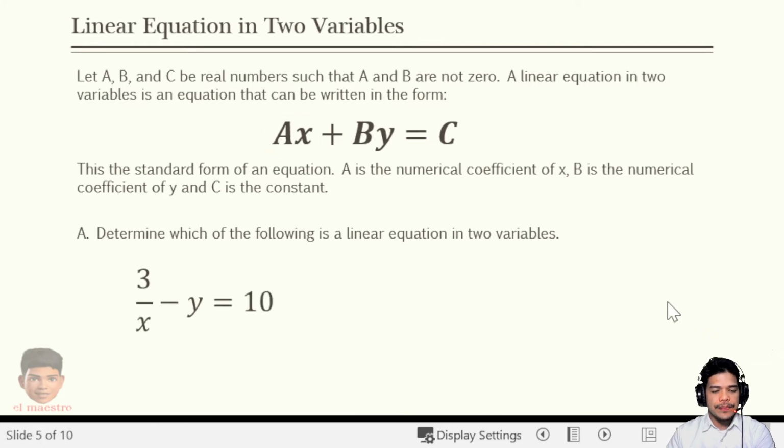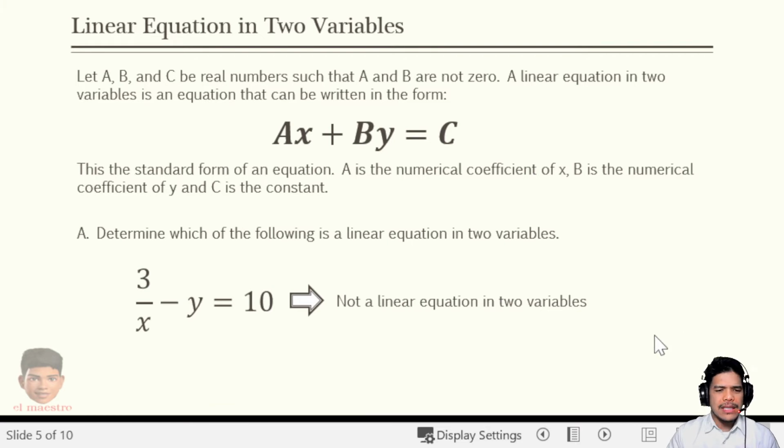And this one, is this a linear equation in two variables? Correct. This is not a linear equation in two variables. And maybe you will ask, sir, bakit? Meron namang x term, merong y term. In this case, yung x term natin, okay, naging denominator siya. Hindi yan pwedeng rational or fraction form.